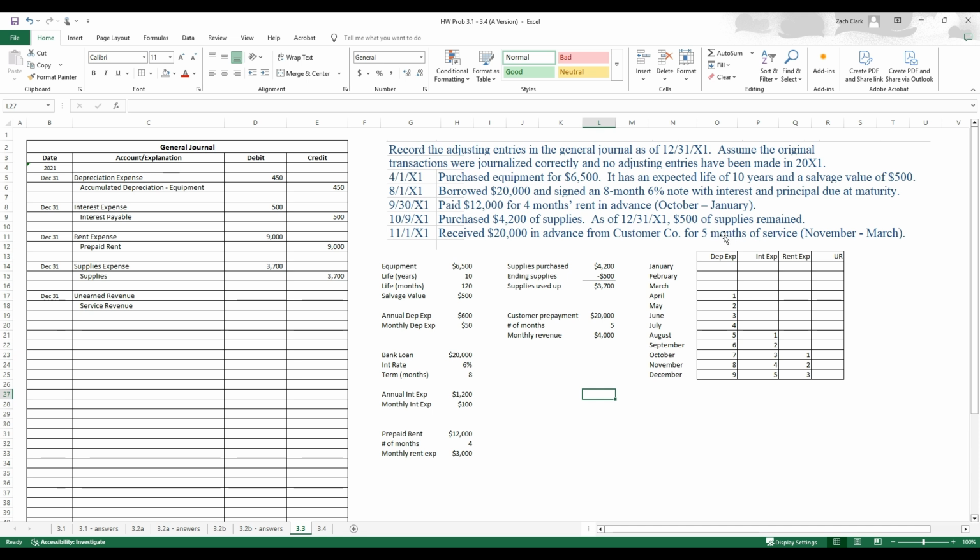So we have monthly revenue of $4,000, which begins in November, and we're at the end of December now. So it's 2 months, November and December, of revenue that has been earned of this original 20,000, and we have 3 months left, January, February, March, so through March. So we know our monthly amount, 4,000. Multiply that by how many months have gone by, and we've recorded 2/5 of the full amount, or $8,000 of the 20,000 total.